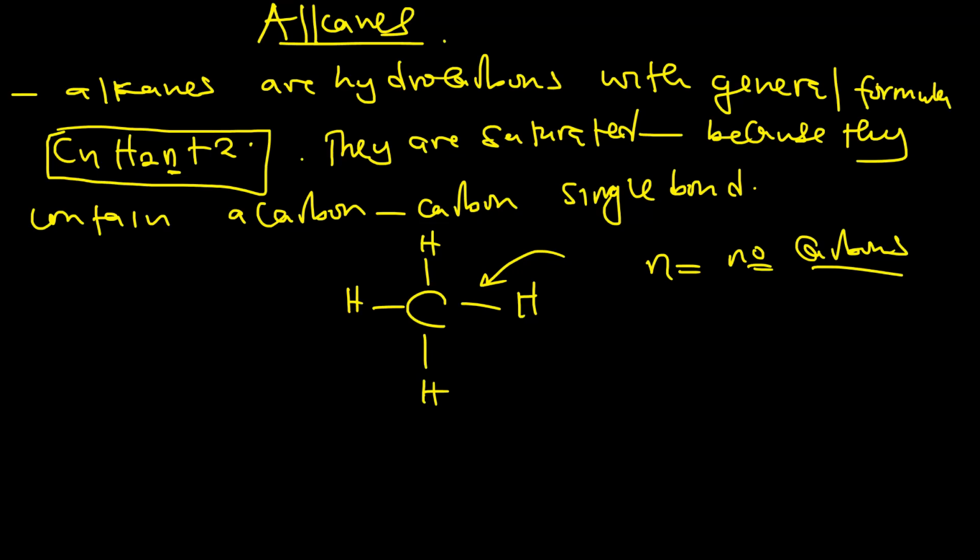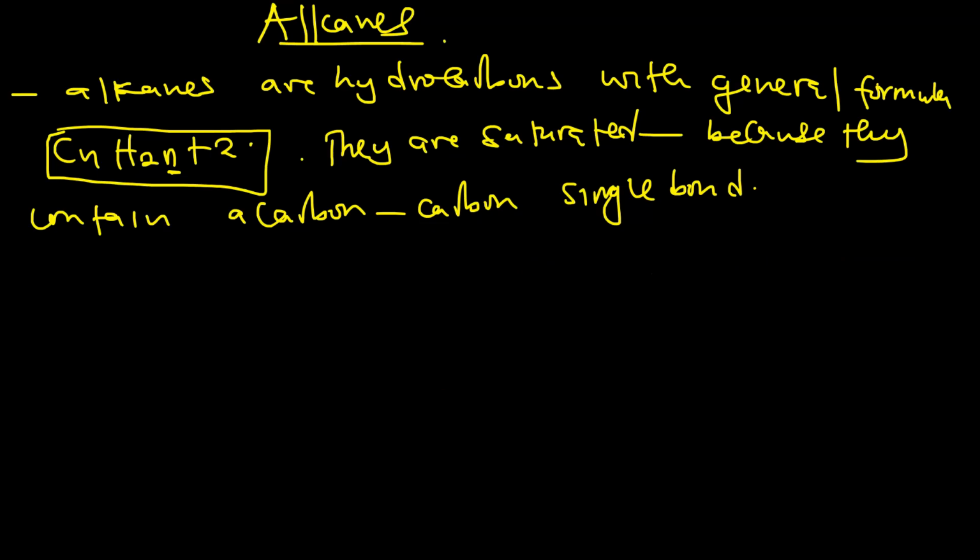Okay, now let us look at the first 5 alkanes. We already looked at them, but we can do a quick review. The first 5 means the one with 1 carbon up to the one with 5 carbons.